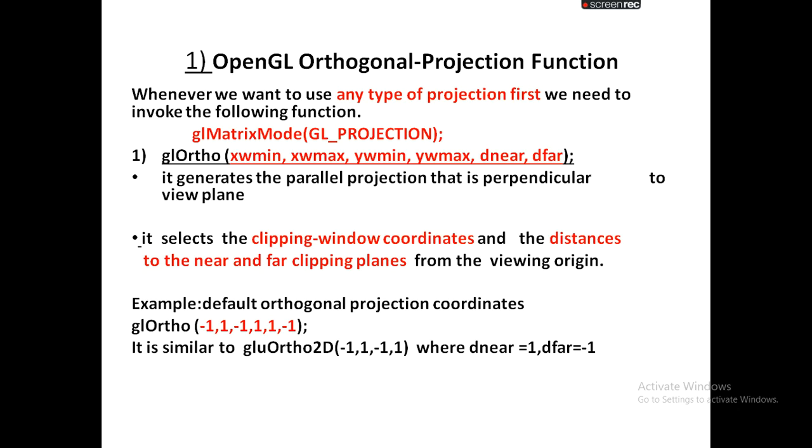OpenGL supports two types of functions: one type with respect to orthogonal projection or parallel projection, and the second type with respect to perspective projections.